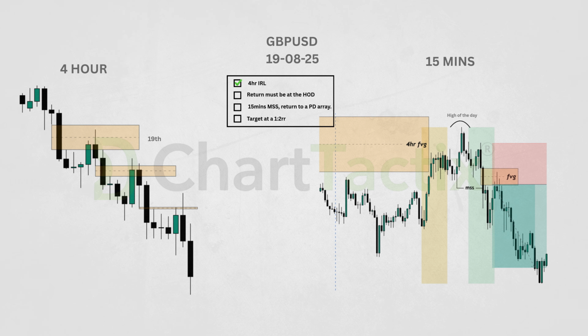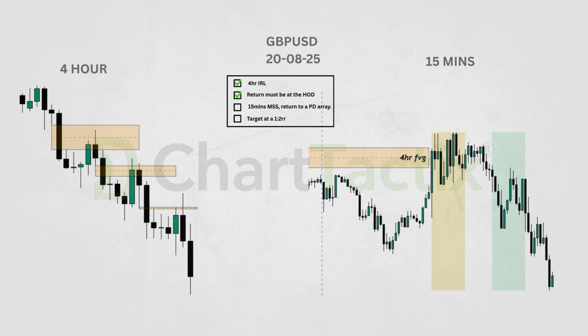That satisfies our second rule. Next, we wait for a 15-minute market structure shift, which we got. Then price returned to a PD array, in this case, a fair value gap, which becomes our entry. Stop loss goes just above the high, and take profit is set at a 1-to-2 risk-to-reward ratio, and you can see how the trade played out.